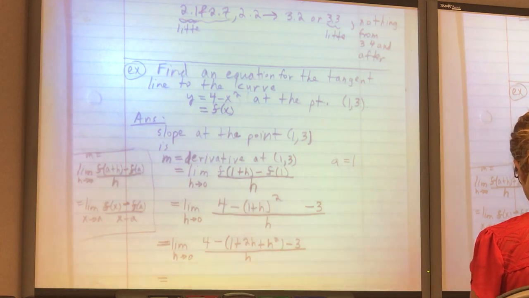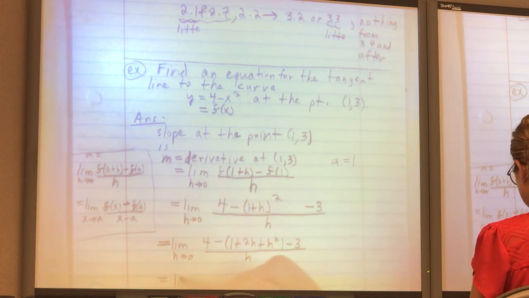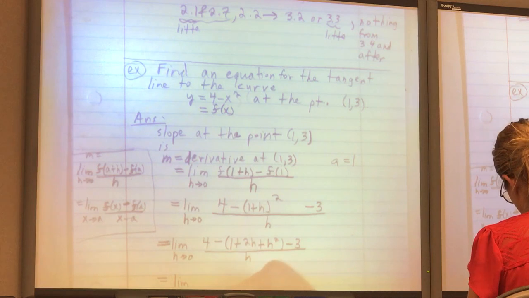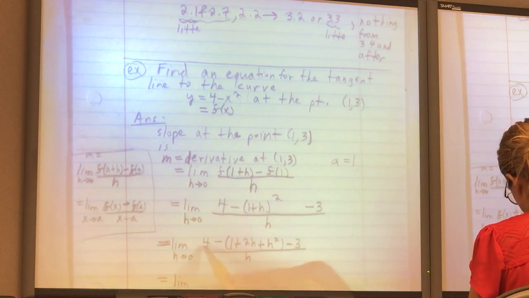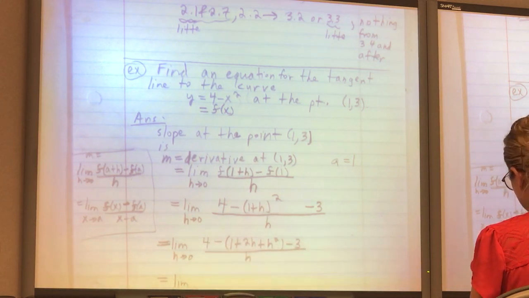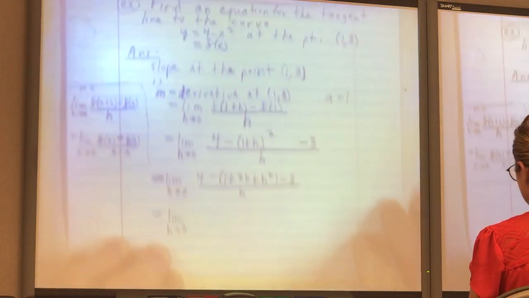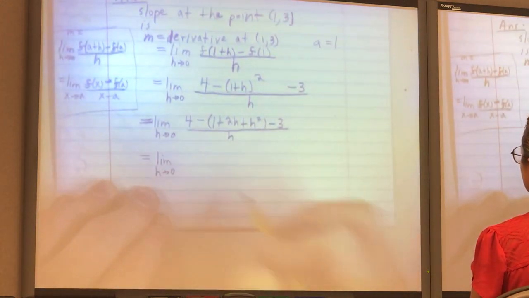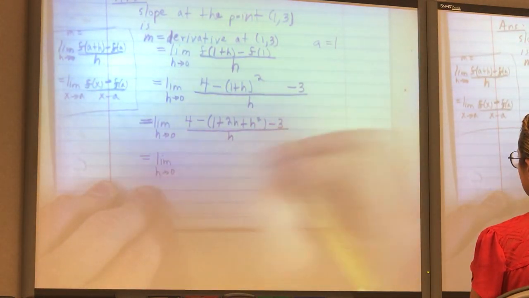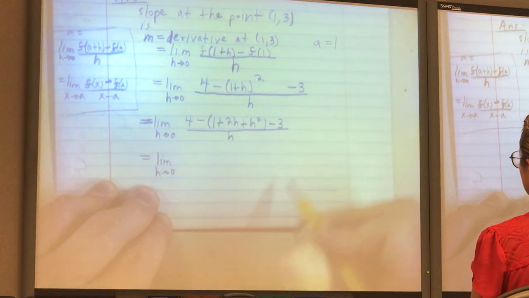And you want to simplify this stuff, obviously. So our goal is to get rid of that h in the denominator. So the 4 and the 3 give us 1, you can cancel, right? And then the 1 there.